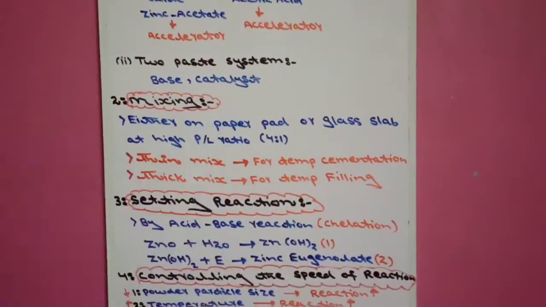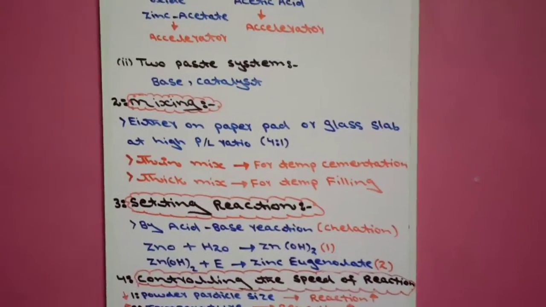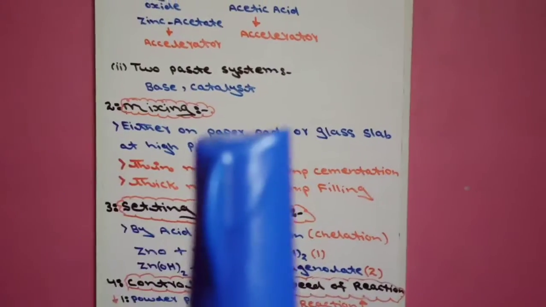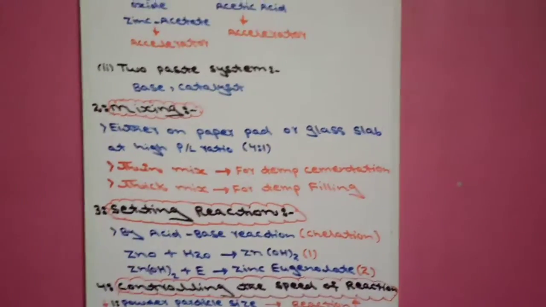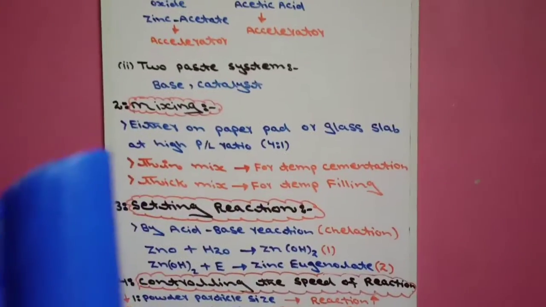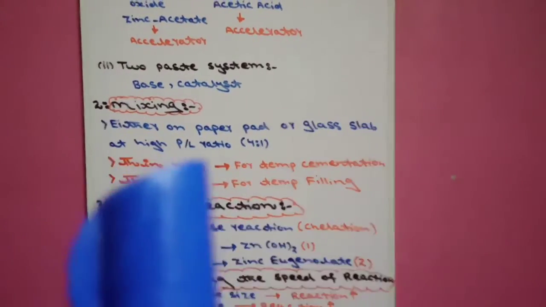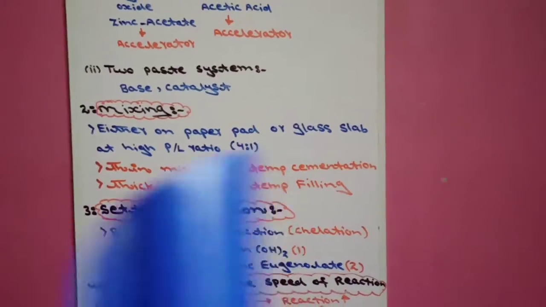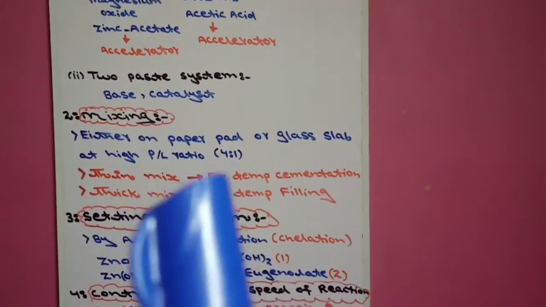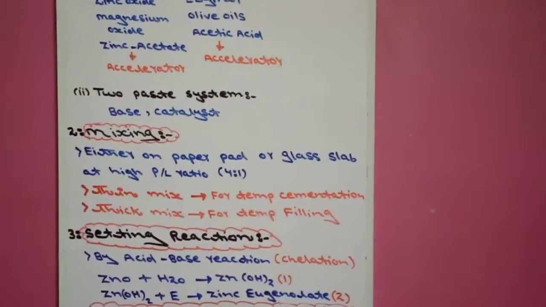Now come to the mixing. How do we mix the zinc oxide eugenol cement? Either we mix on a paper pad or glass slab. When we mix the powder liquid, the powder liquid ratio is 4:1. Four parts will be of powder and one part will be of liquid.